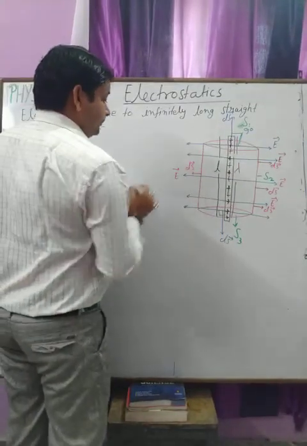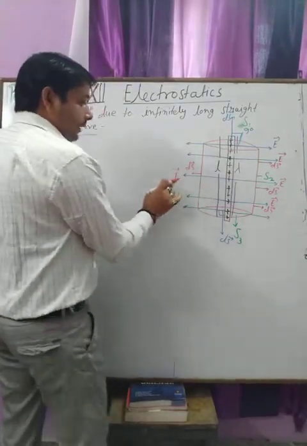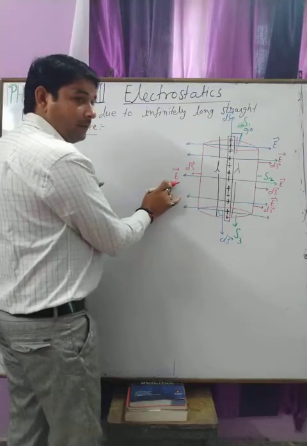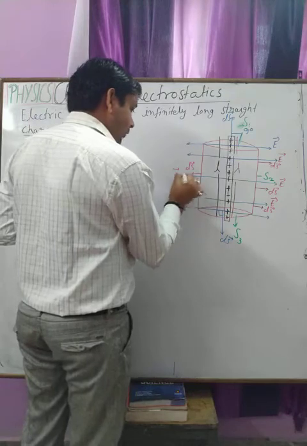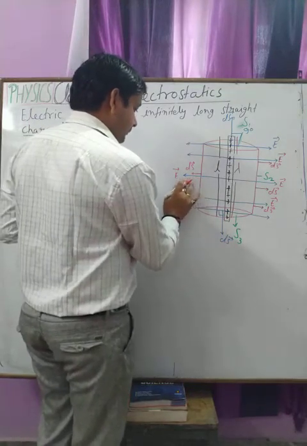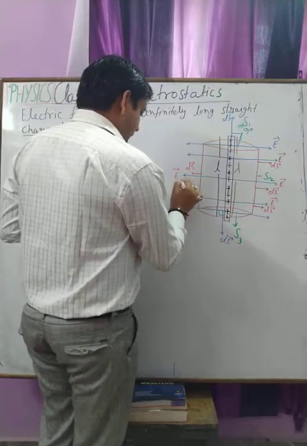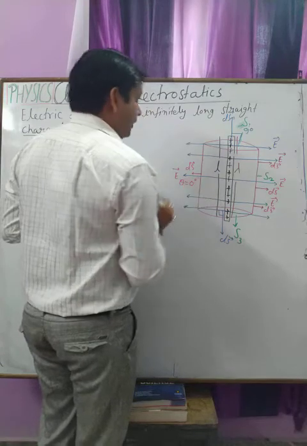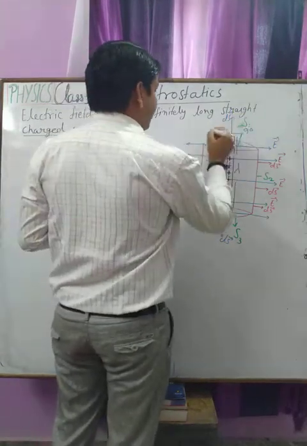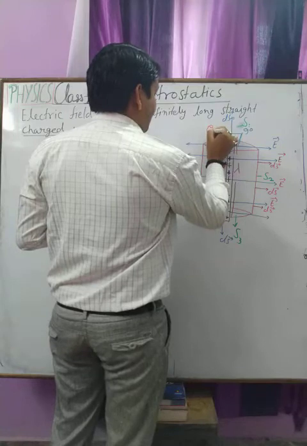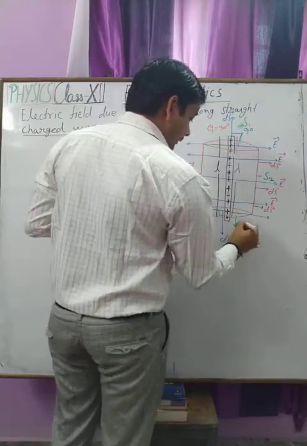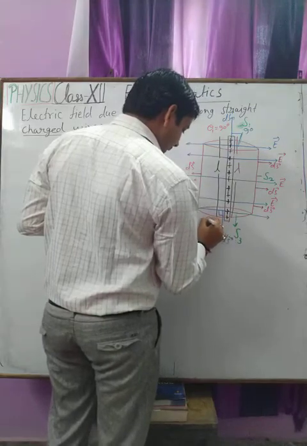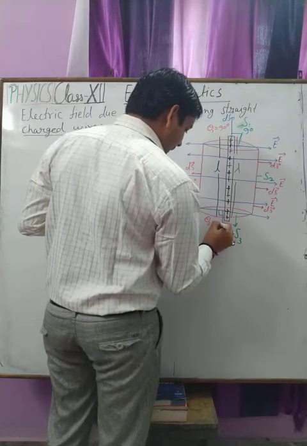Angle between the electric field and area element ds for the curved surface, theta 2 is 0 degree, and for the flat surface theta 1 is 90, and here also theta 3 is 90.